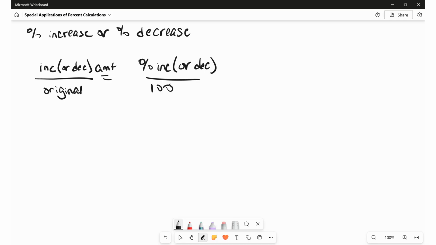So, one thing that I see people having difficulty with is when we are told, let's say that we have an item that originally sells for $92.